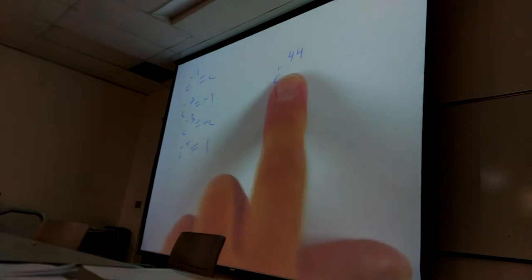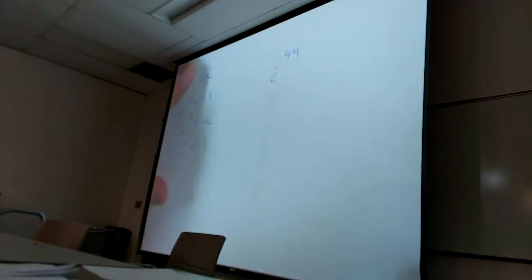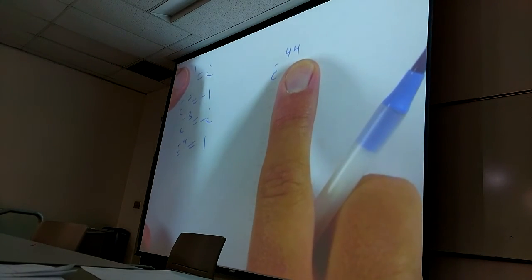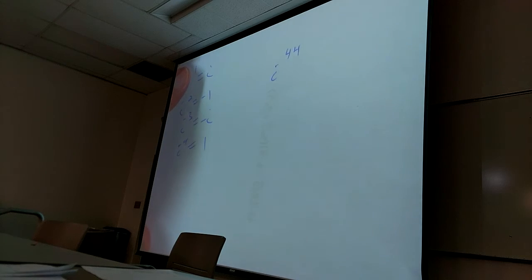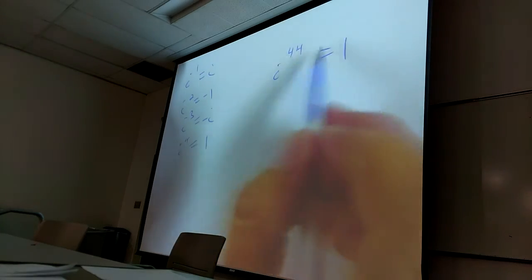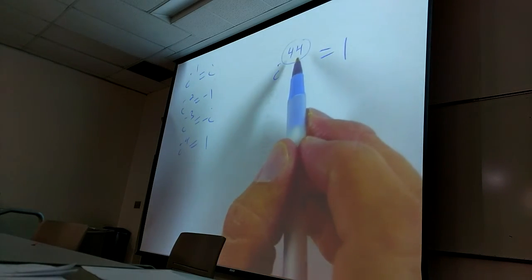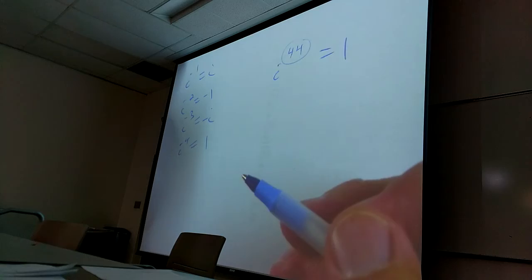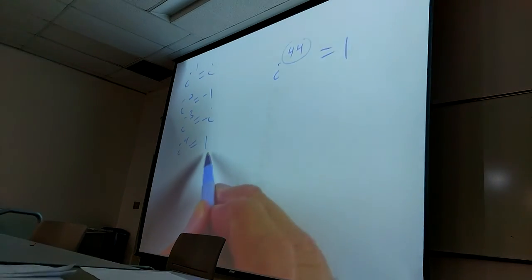So i to the 44th is 1, because 4 goes into 44. There's 11 turns I just made. So where am I going to end up? At the beginning again. I'm going to end up at 1. All you have to do is divide the power by 4 and see where you are in the cycle. If it goes in neatly, I'm at 1.